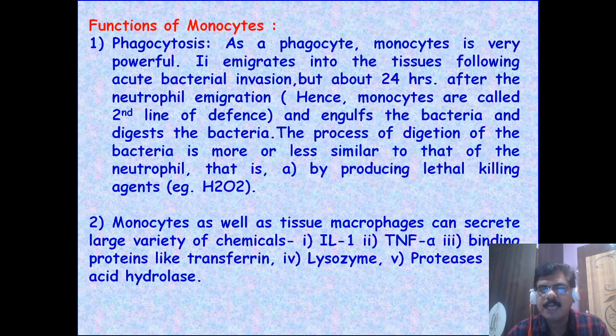The monocyte as well as tissue macrophages can secrete a large variety of chemicals: interleukin 1, tumor necrosis factor alpha, that is TNF alpha, binding proteins like transferrin, lysozyme, proteases, and acid hydrolases.